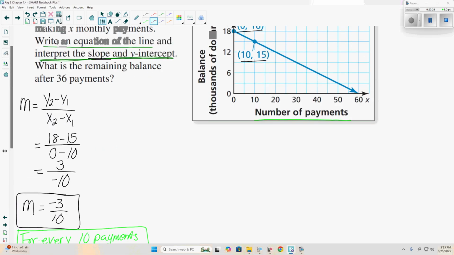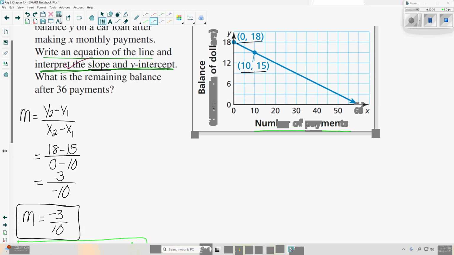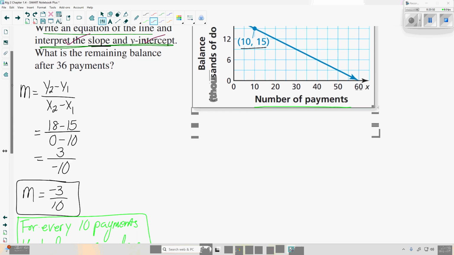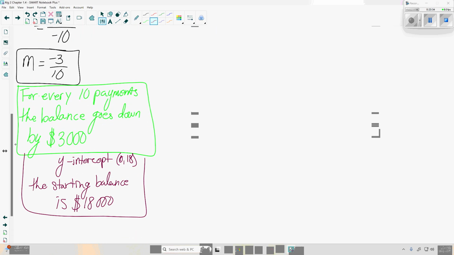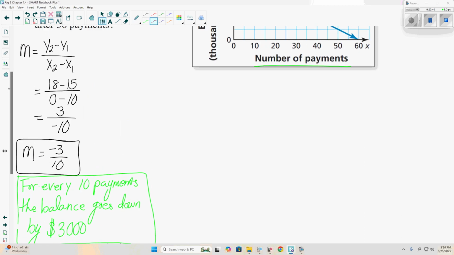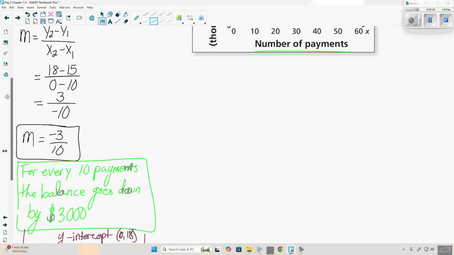Questions on interpreting the slope and the y-intercept? I feel good with this here. Yes? Now, we do need to find the equation of the line. Now, they did give us the y-intercept. So since they gave us the y-intercept, we know what the y-intercept is. We can use y equals mx plus b.